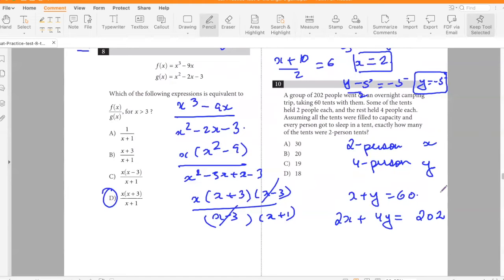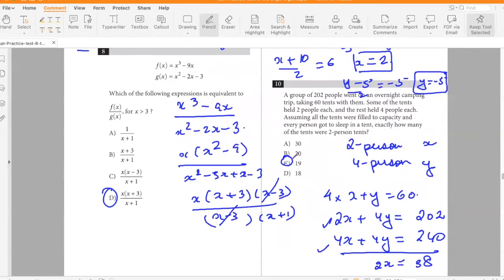Now we need to find the value of x. So let's multiply the first equation by 4. I get 4x plus 4y is 240. Now if I subtract the other equation from this one, I get 2x is 38. So x is 19. So there were 19 2-person tents.